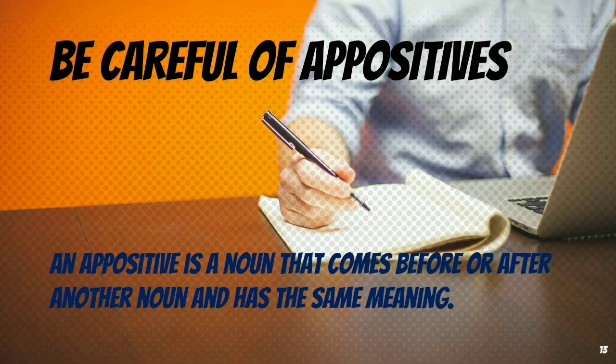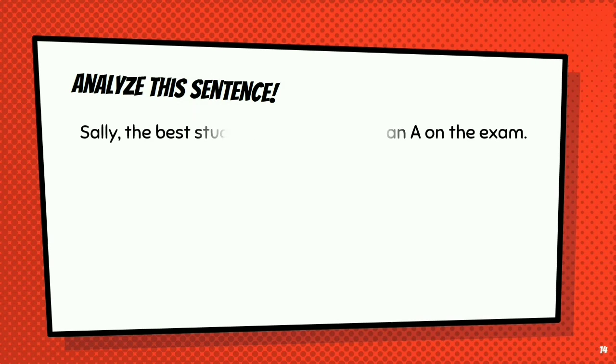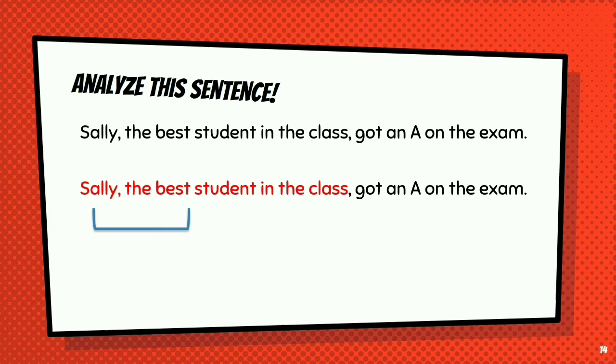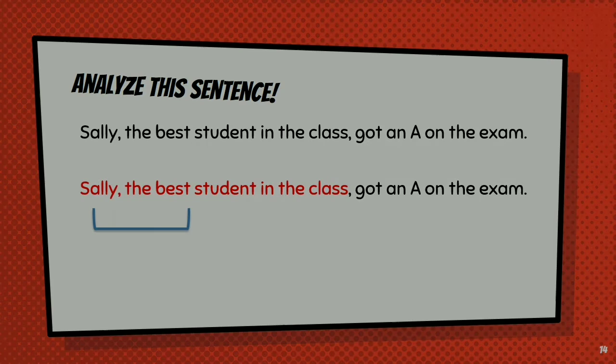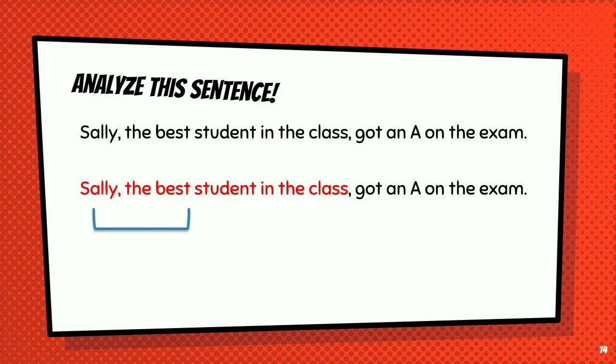To understand what an appositive is, let's analyze this sentence. Sally, the best student in the class, got an A on the exam. Sally and the best student in the class are one. They are the same thing, the same topic. The best student is Sally. Sally is the best student in the class. So, that's an appositive. But which one is the subject? An appositive is always enclosed by commas when it is in the middle of a sentence. So it's clear the subject is Sally.